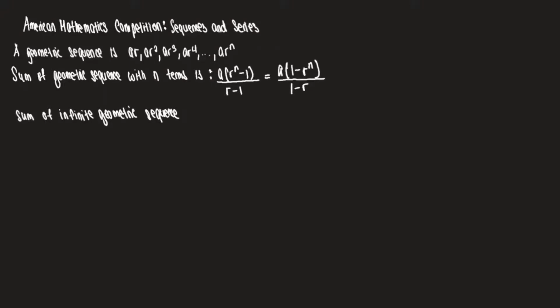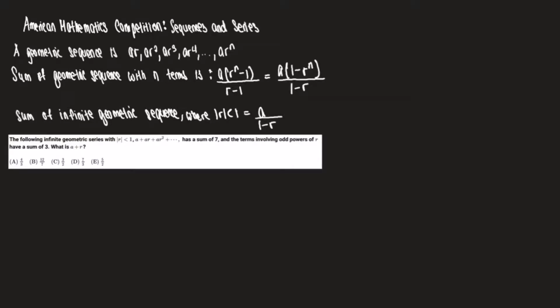The sum of an infinite geometric sequence where the absolute value of r is less than 1 is equal to a over 1 minus r. Alright, it wouldn't make sense to take the sum of an infinite geometric sequence if r is bigger than 1. So with that said, let's work on our second problem.